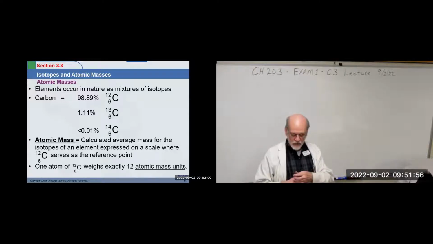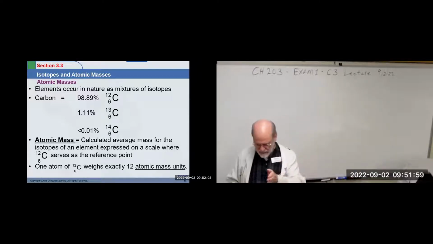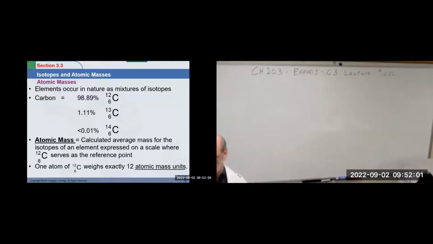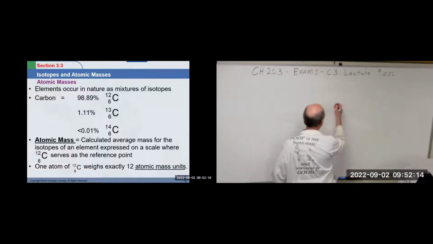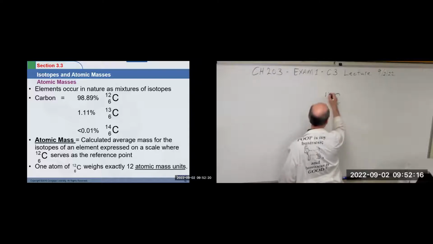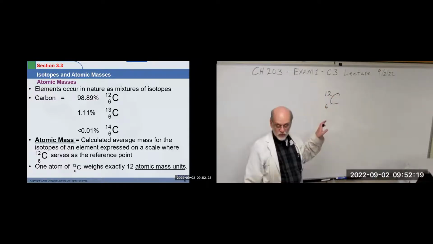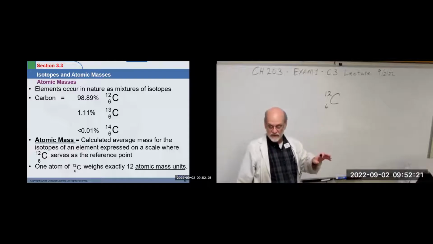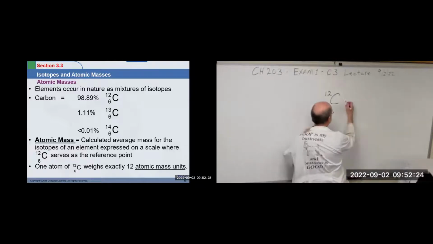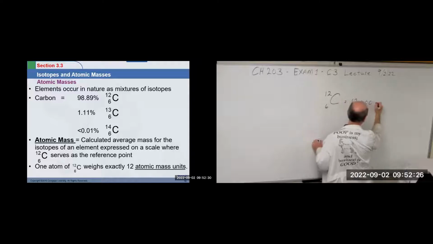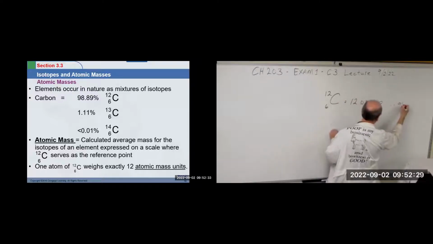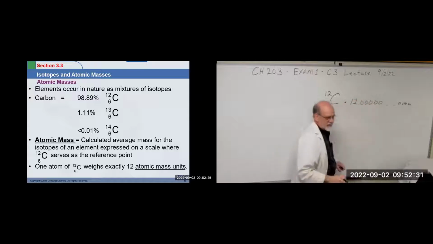The reason for that is we need some reference point. One of the elements we have to set as a value, and everything else is related to that one. And the one that we chose was carbon. That isotope is given arbitrarily a value of 12 atomic mass units.